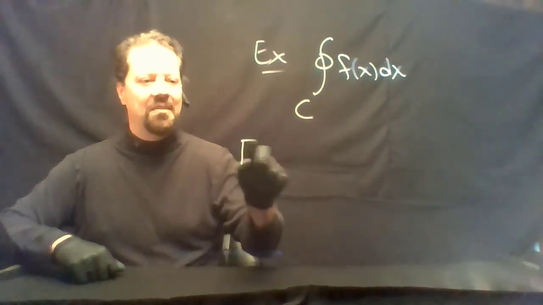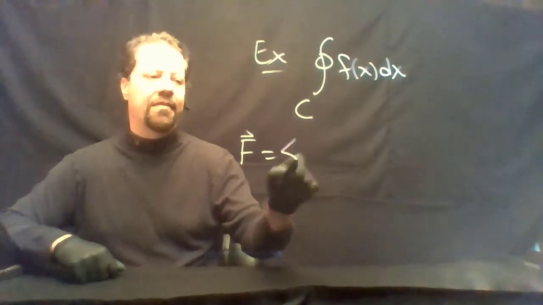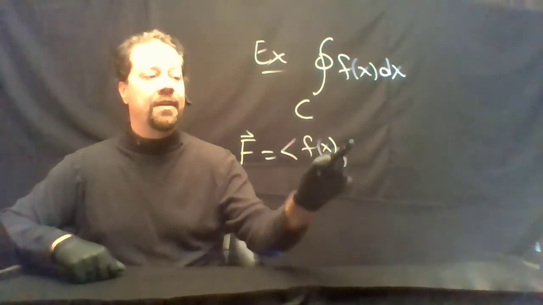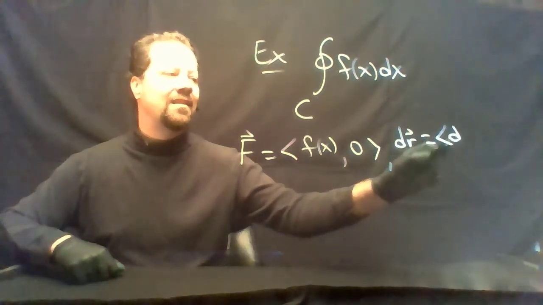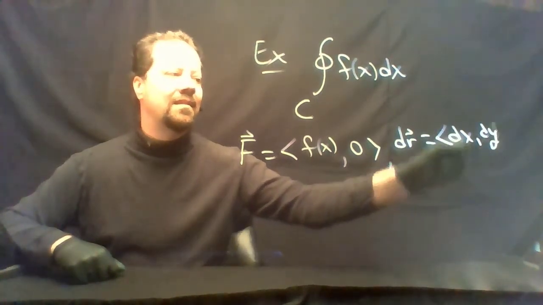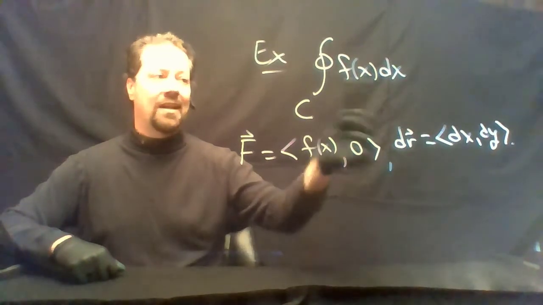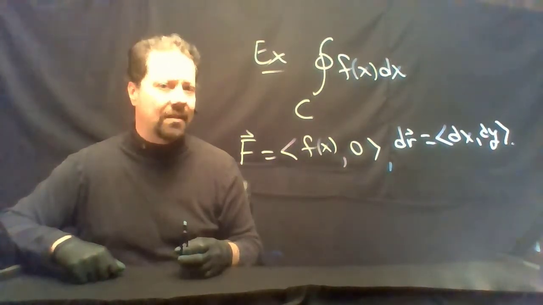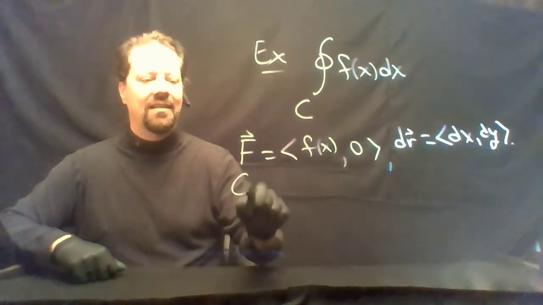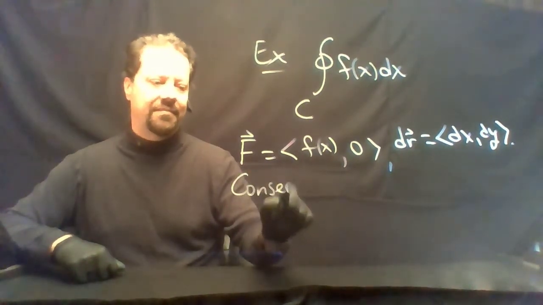In this case, my vector field is of the form an arbitrary function of x, 0. When I take the dot product, I get f of x dx. Again, I'm assuming that the path is a closed loop. Is this conservative?